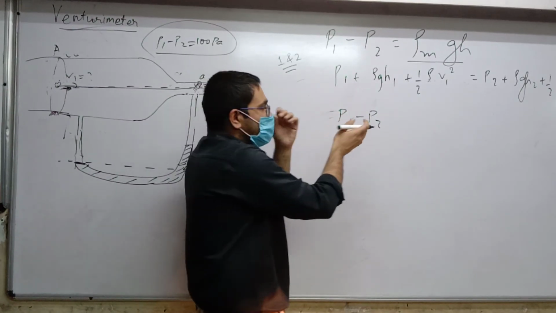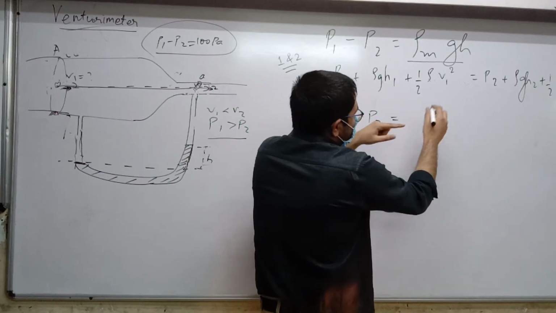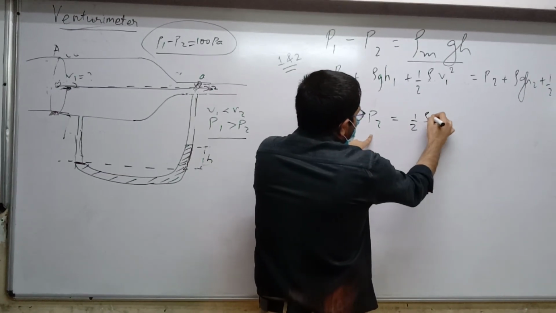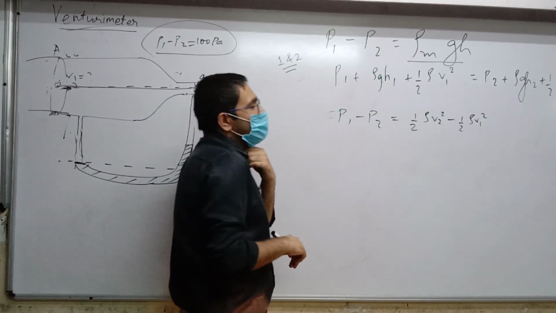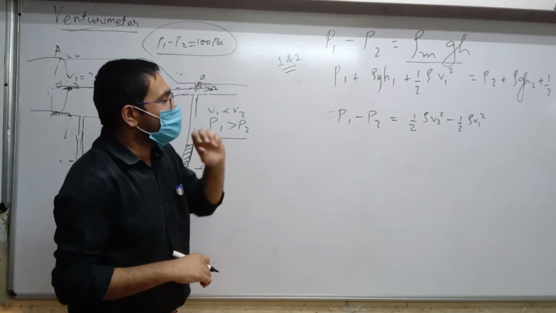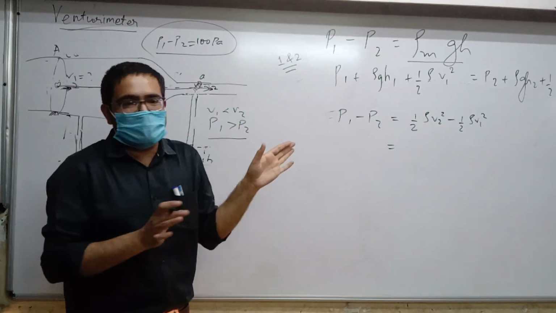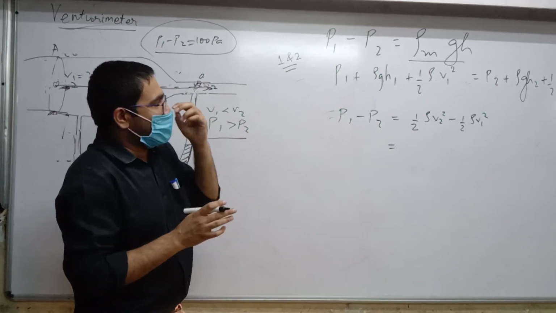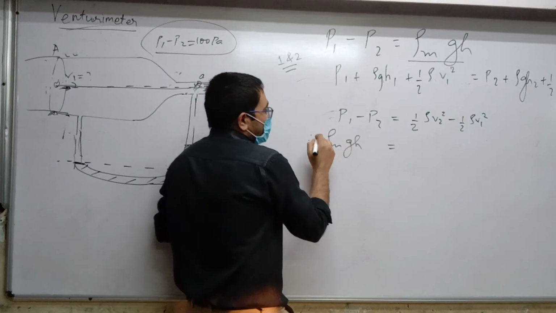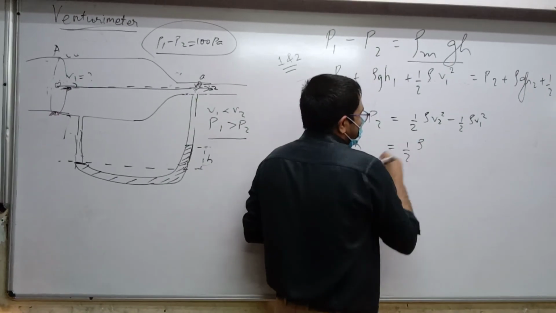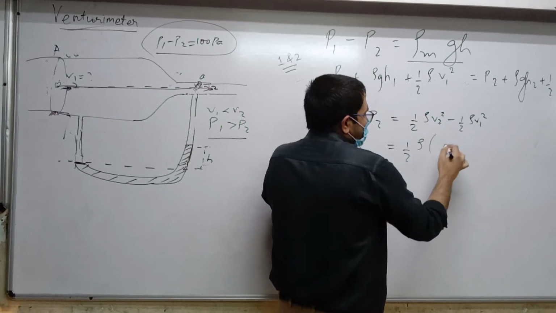P1 minus P2 on one side is equal to 1 upon 2 rho V2 square minus 1 upon 2 rho V1 square, because otherwise that would give you a negative sign also. Okay, so this is what we do. Do we have the left side value? Yes. Rho mg. Now what to do with the right side? Rho common? Yes. Okay. V2 and V1.